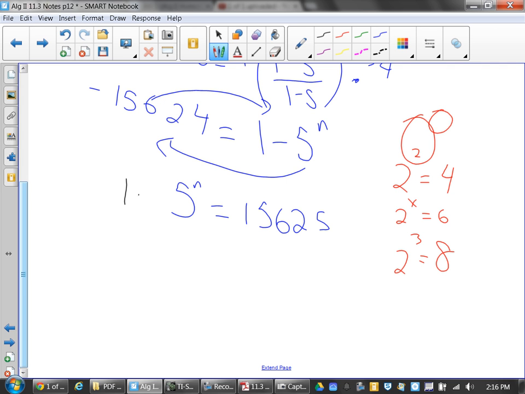If I take the log with base 5, that undoes the exponent. It allows the exponent to drop, and then they switch. This is a very simple thing to do here. Log base 5 of 5 equals 1.